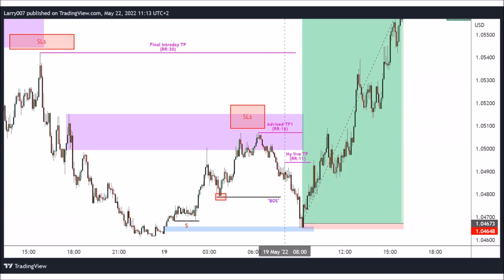So I'm always risking less than 0.5%. Sometimes, to be honest, I think for this one I risked 0.1 or 0.2%, 0.1%, I think. I risked 0.15, yeah, something like this.